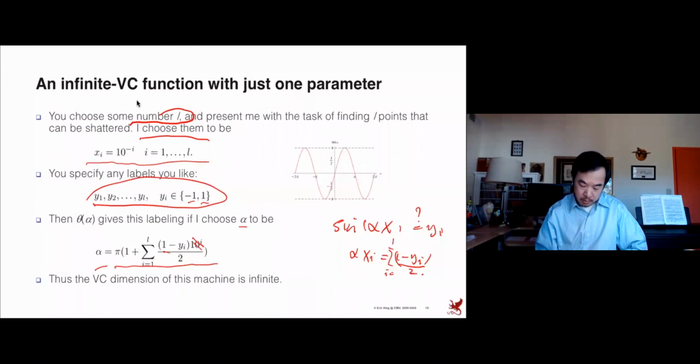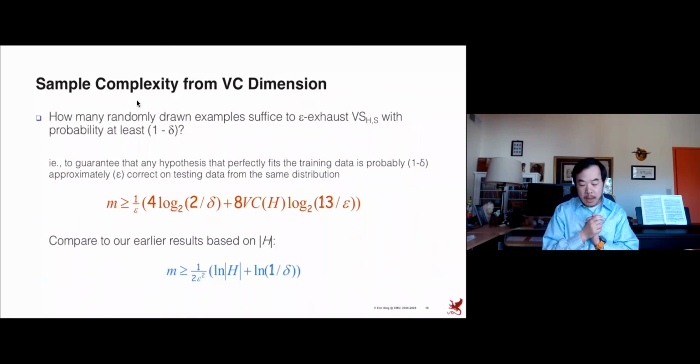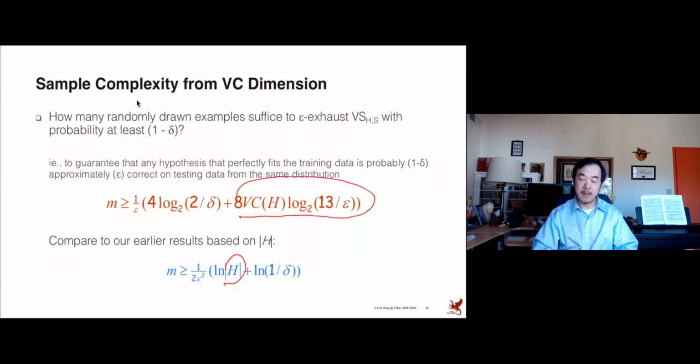No more questions? Okay, so till now we arrived at a concept called the VC dimension, and that's going to be used in the future as a replacement of what we originally used as the hypothesis size H. Then you can prove a bound of sample complexity for agnostic learning, where on the right-hand side, the term corresponding to the size of the model space is now replaced by a term that is linear in the VC dimension.